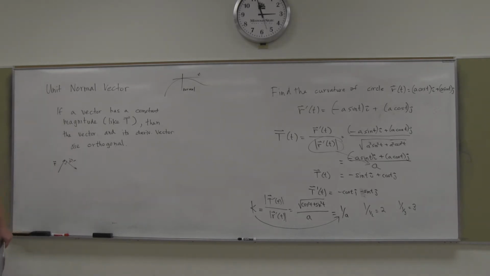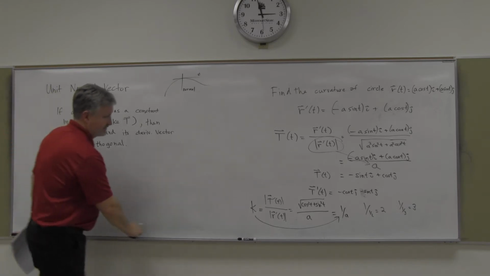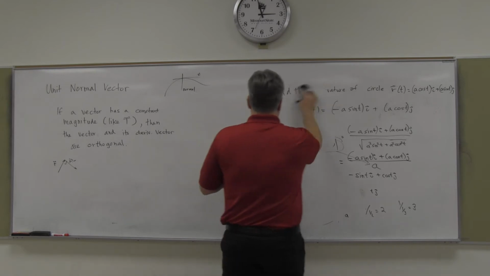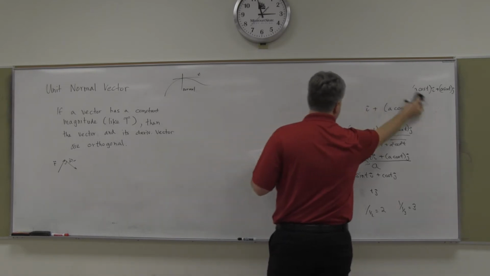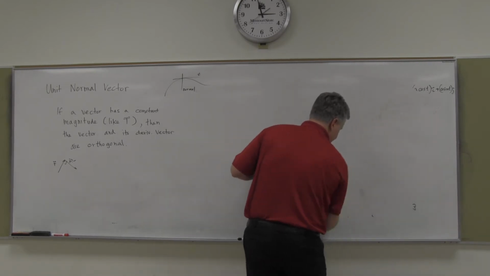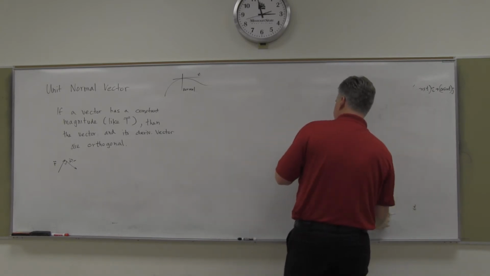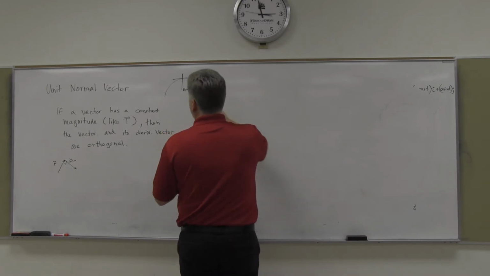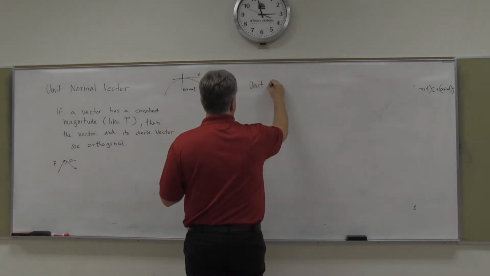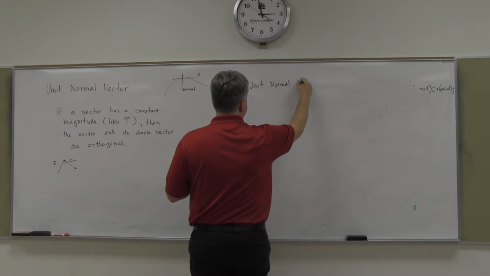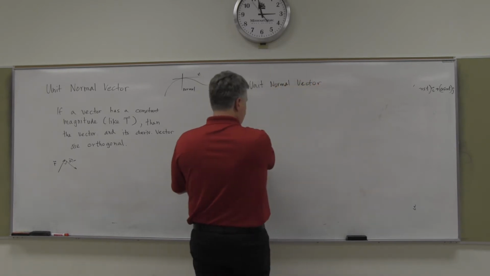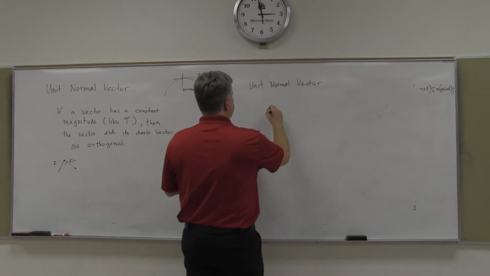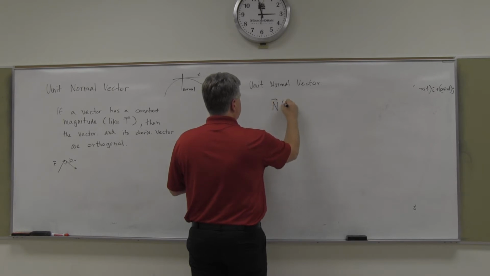The unit normal vector is going to be the vector that's orthogonal to the unit tangent vector. And it's going to play off of the fact that I just gave you. So the unit normal vector is this, N of t.